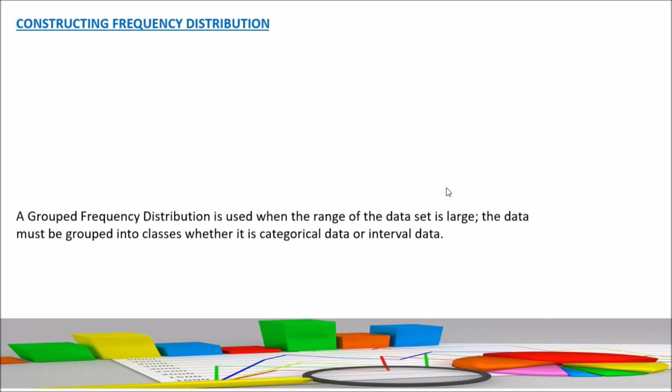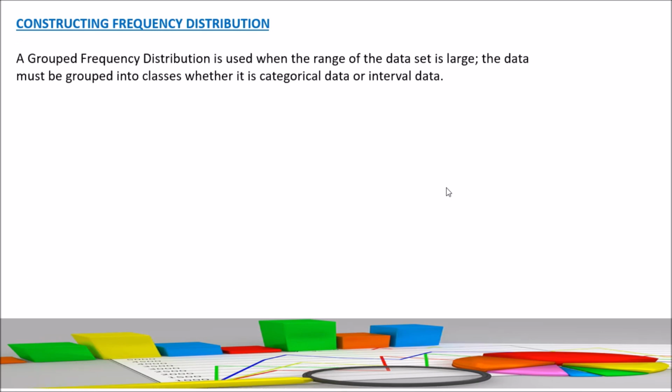Now let's move on to constructing a frequency distribution. A grouped frequency distribution is used when the range of data is large. The data must be grouped into classes, whether it is categorical data, interval data, or numerical data or ratio data.